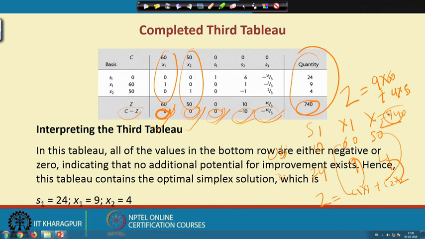But the beauty of the simplex method is that it is an iterative process, and each iteration gives an improved feasible solution.